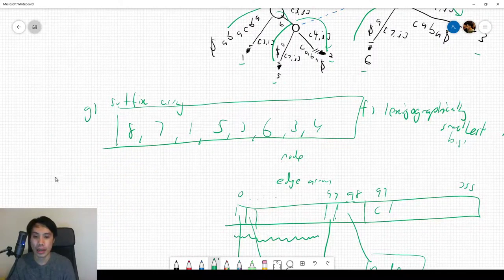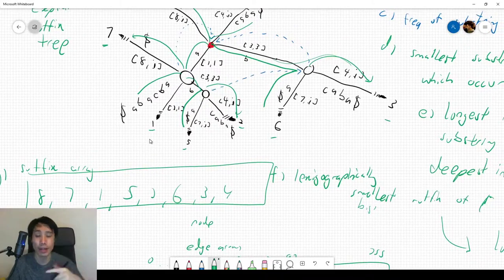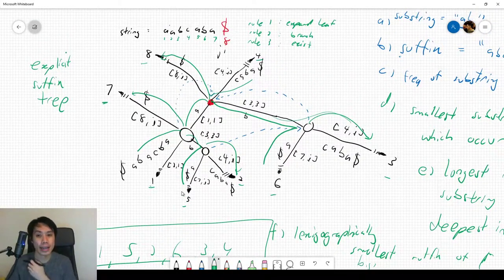So how can you find a suffix array from Ukkonen? Very simple. Number 1, make a suffix tree, right? Each time you have a leaf, because of rule number 2, make sure you put in the position J as the leaf. Then convert your implicit to suffix tree to ensure all of the leaves actually exist.